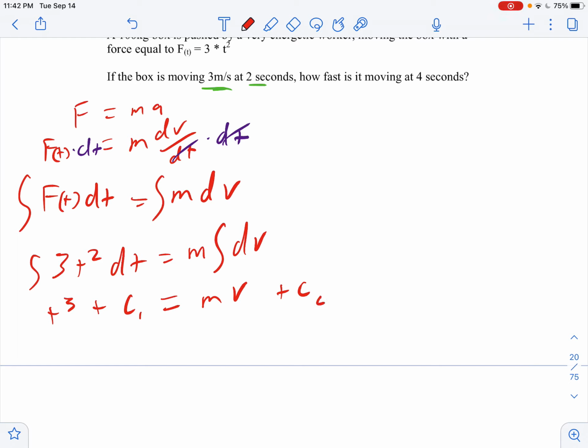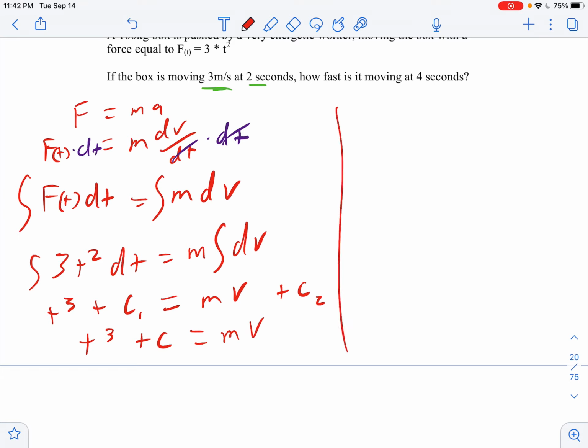Technically speaking, we've got two constants, so we're just going to combine them together. I'll do it on the left side. And there we go, there's my expression for velocity.